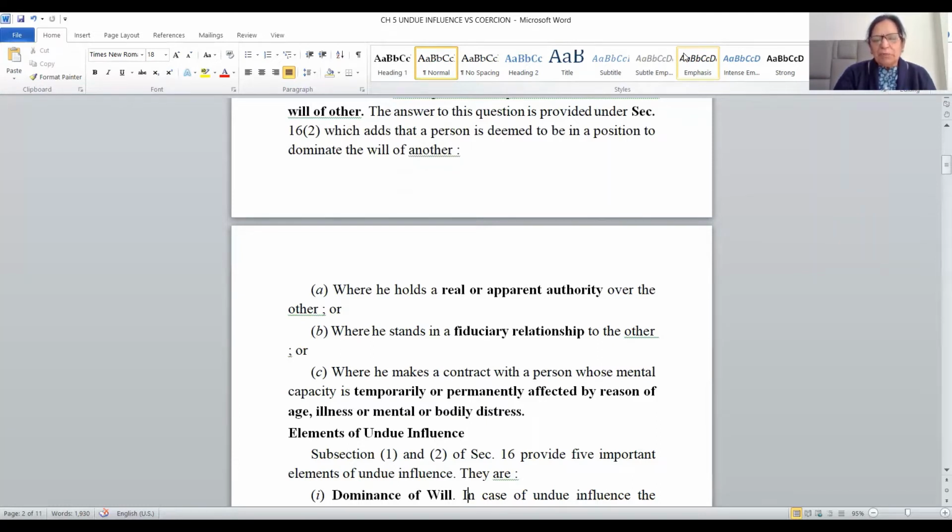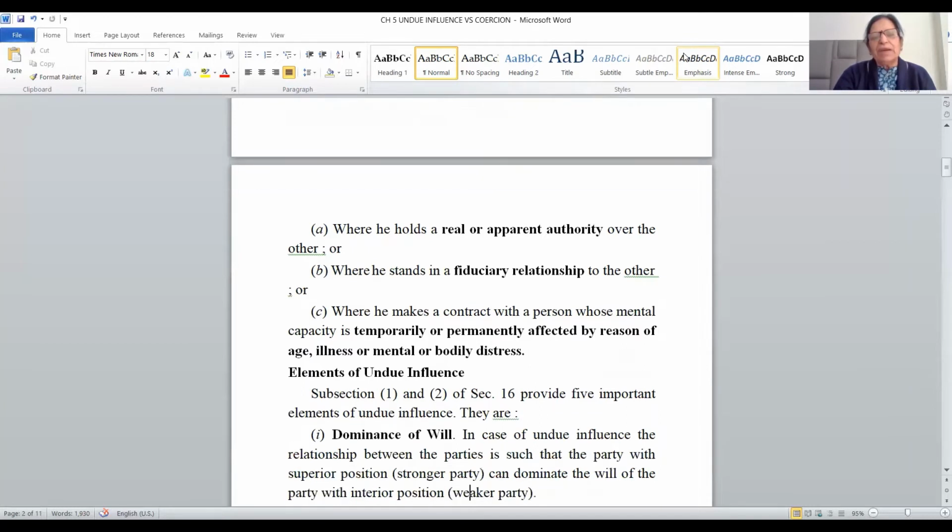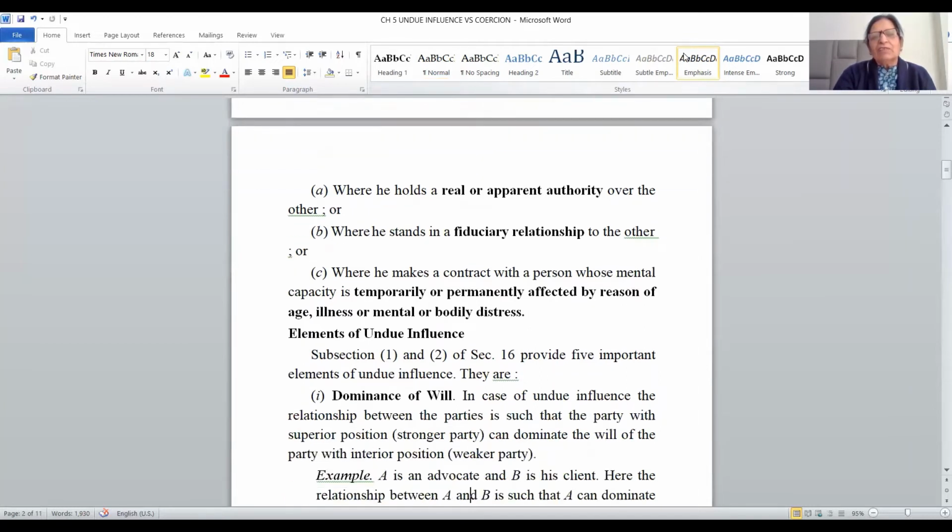Now coming to the third point, friends, which is where he makes a contract with a person whose mental capacity is temporarily or permanently affected by reason of age, illness, or mental or bodily distress. So maybe the person is not well. His mental capacity has been affected. He is having certain problems.